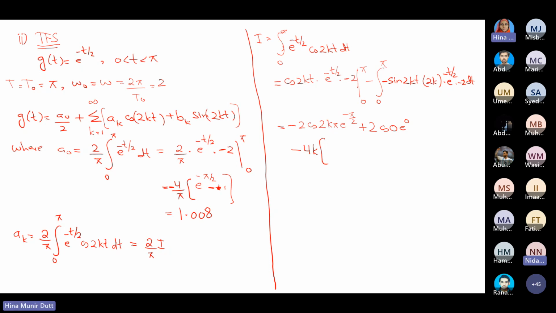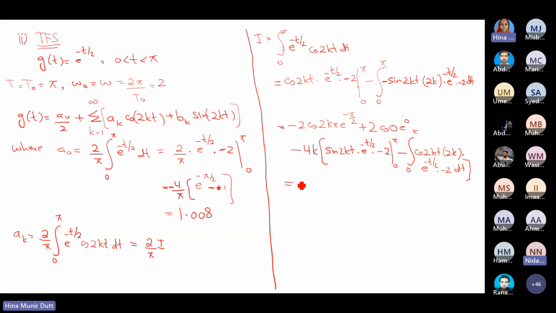Again, I have to integrate it by parts. So the integration by parts, first function as it is sine 2kt, integral of the second function pi to 0 minus derivative of the first function cos 2kt into 2k, integral of the second function 0 to pi.